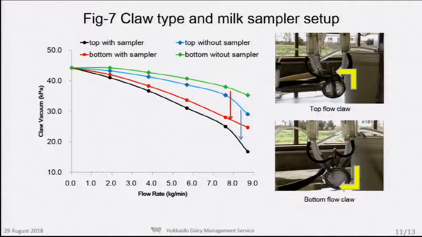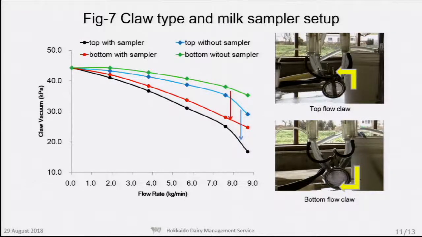This slide shows factors of flow type and sampler setup. The black line curve is top flow with sampler, and the blue line curve is top flow without sampler. The difference between black and blue curves is sampler setup on top flow. The red line curve is bottom flow with sampler, and the green line curve is bottom flow without sampler. The difference between red and green curves is sampler setup on bottom flow.